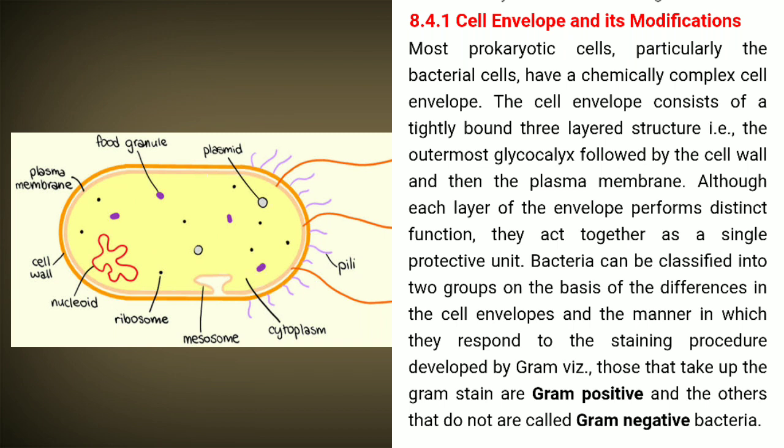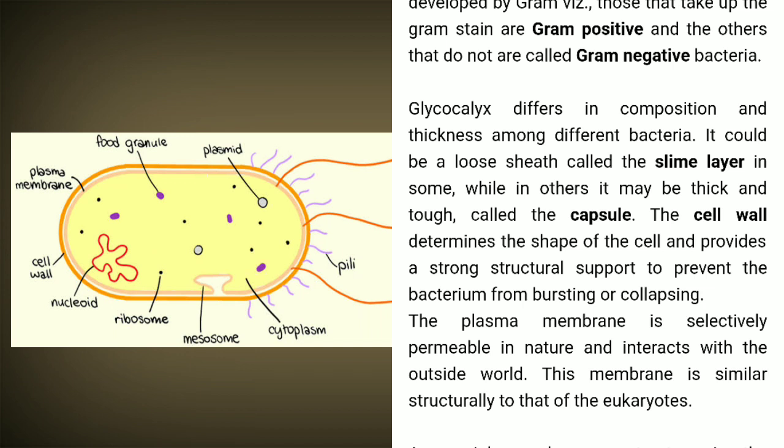The gram-positive bacteria can retain this crystal violet colored stain, and those types of bacteria are called gram-positive, while those which cannot retain the stain and lose it after some time, so that we cannot observe them under the microscope, are called gram-negative bacteria.